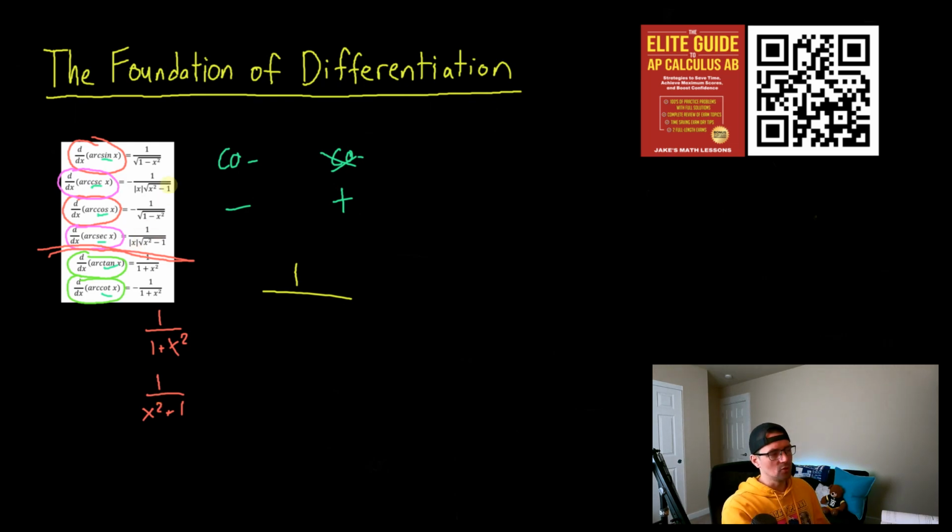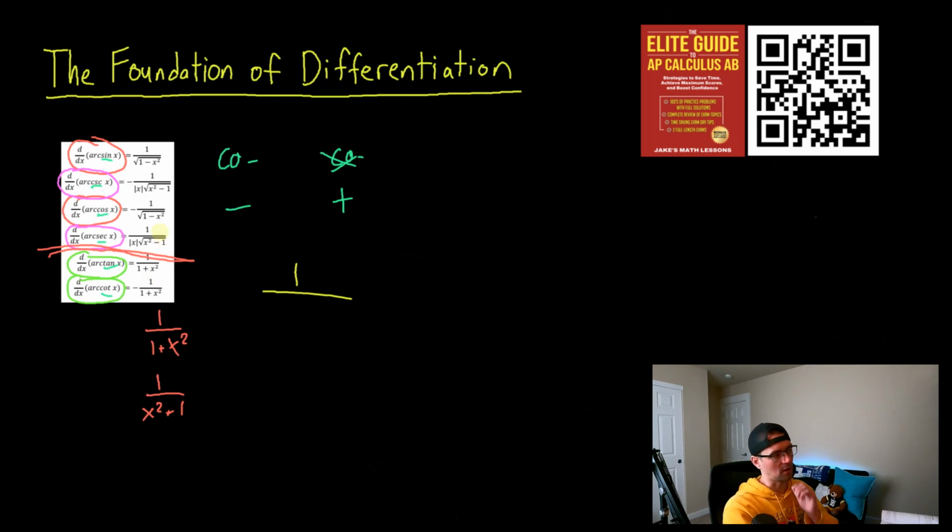The ones that do have square roots and have 1 minus x squared, or x squared minus 1, there the order matters. So these just become straight up memorizing. I don't think there's really a super good way personally that I like to use to remember the order here.